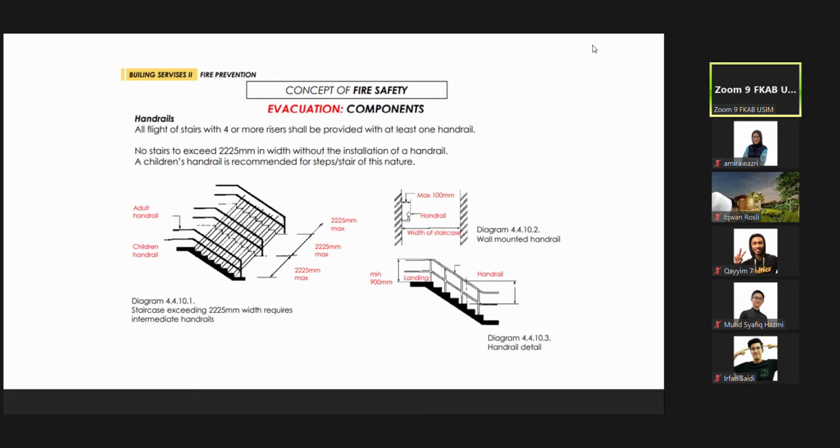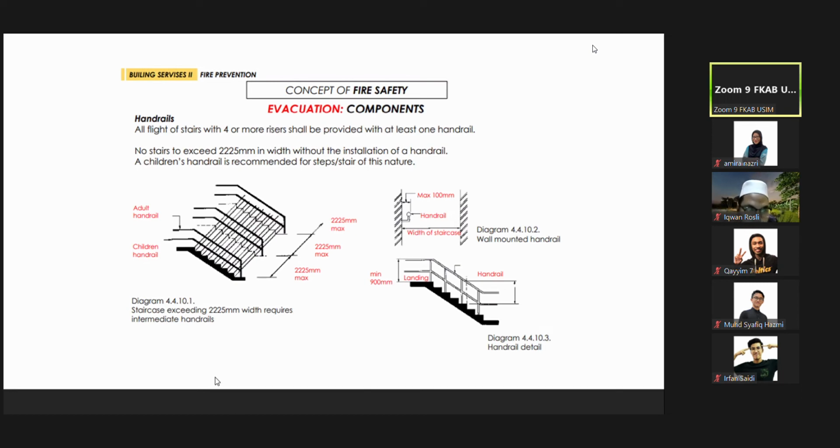So if you are going to do a cutting section, please bear in your mind that there is a minimum and maximum for the handrail. When Bomba inspects, okay, I try to annotate here.